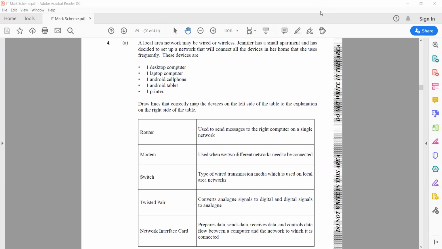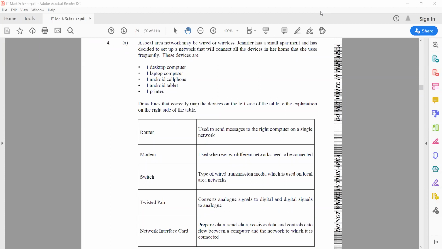And the network interface card. This device prepares the data, sends data, receives data, and controls data flow between the computer and the network to which it is connected. And you have to think about it, right? Remember, the network interface card is what receives data from your computer, from your application, and sends it onto the network, right?